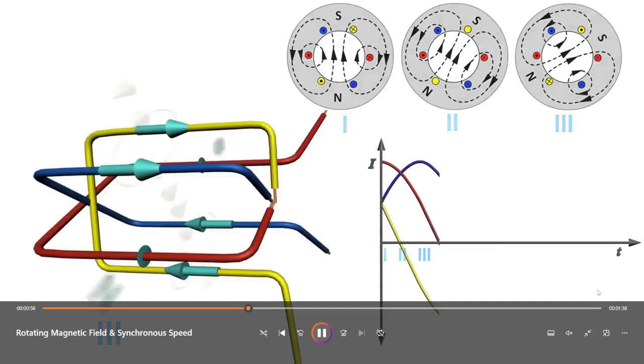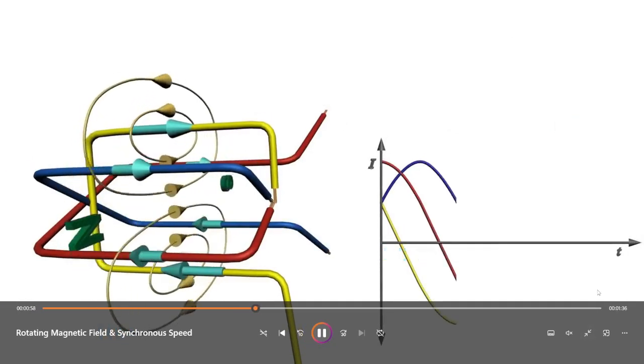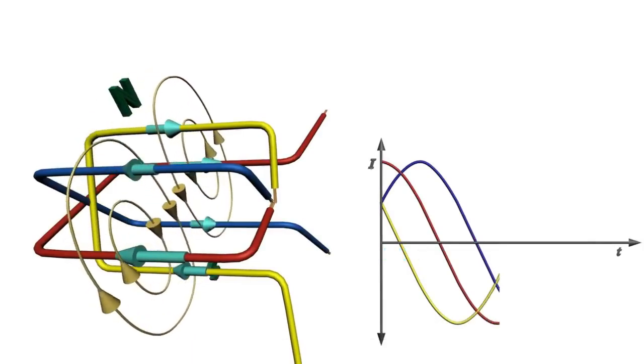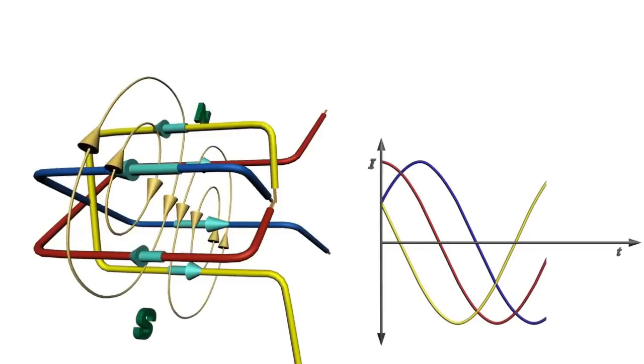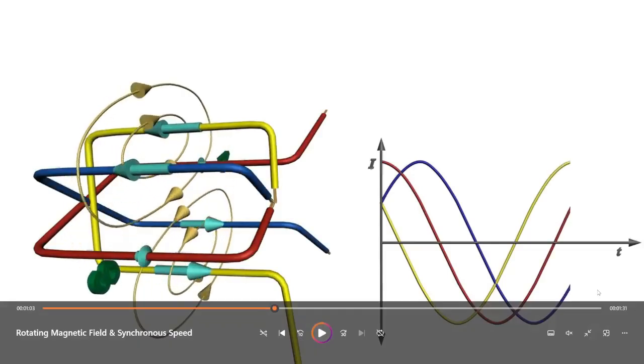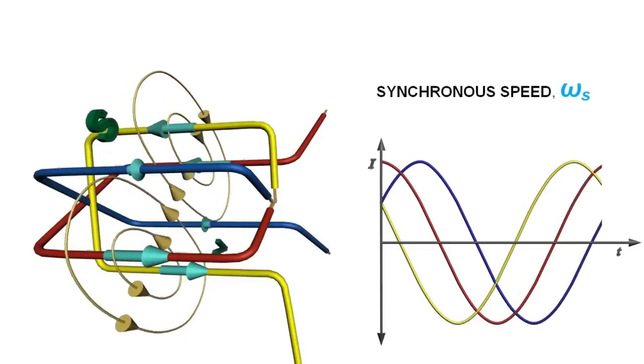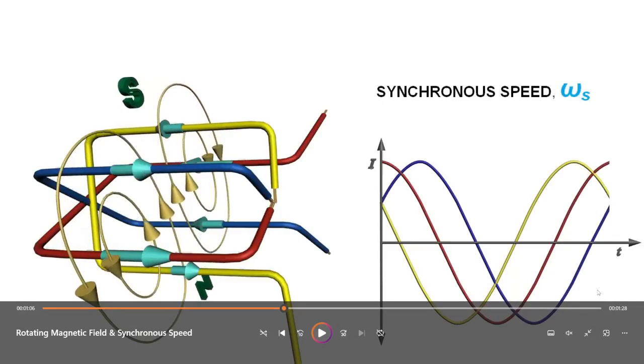Here, in each phase, current is induced. Whenever current is flowing in each one, the magnetic field also changes from one to the other. So it will look as if the magnet is rotating.